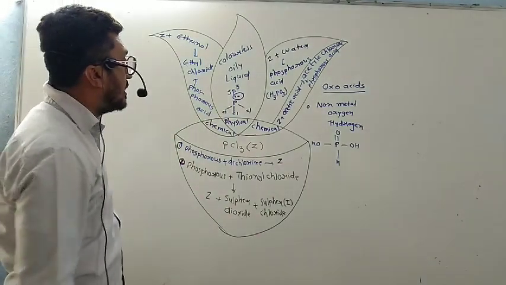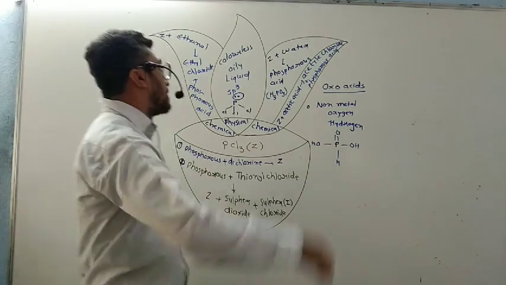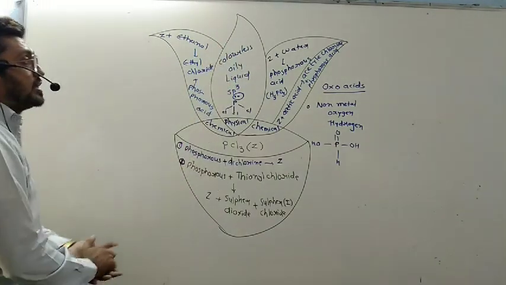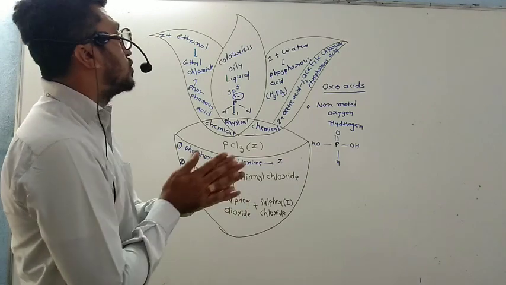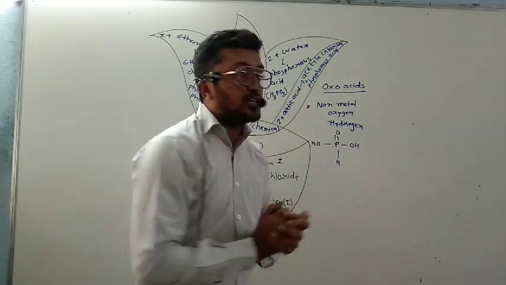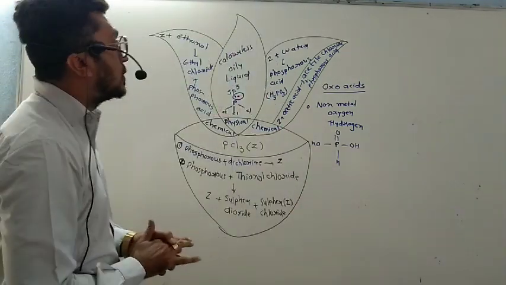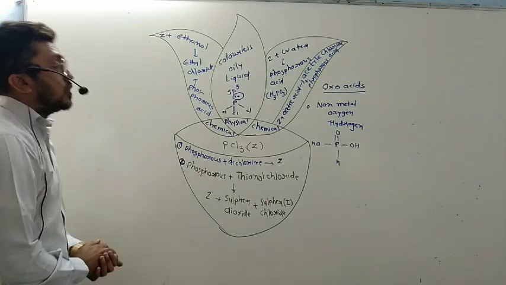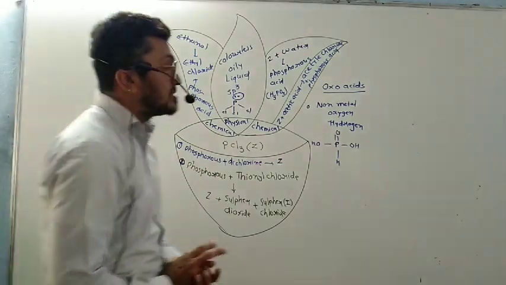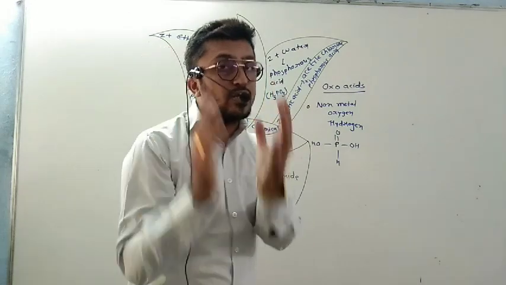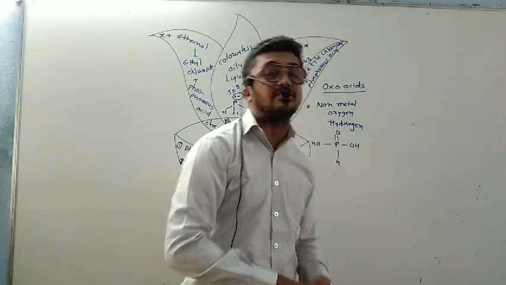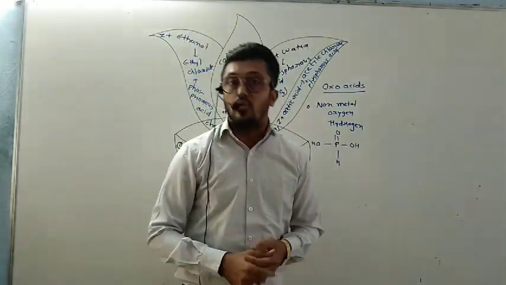Okay, colorless oily liquid having sp3 hybridization. Phosphorus trichloride reaction with water gives us H3PO3. Phosphorus trichloride reacts with acetic acid and forms acetyl chloride and phosphorus acid. Phosphorus acid is an oxo acid of group 15. An oxo acid has a non-metal, hydrogen and oxygen. This type of acids are known as oxo acids.